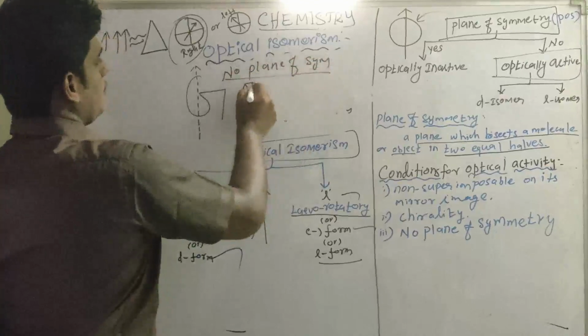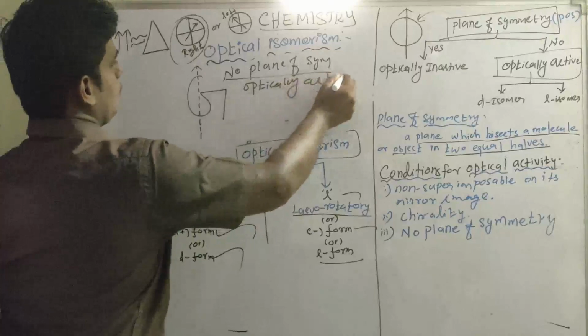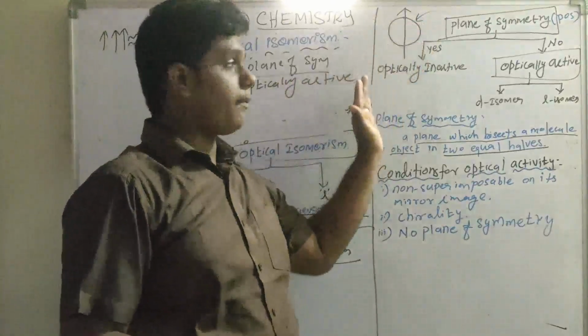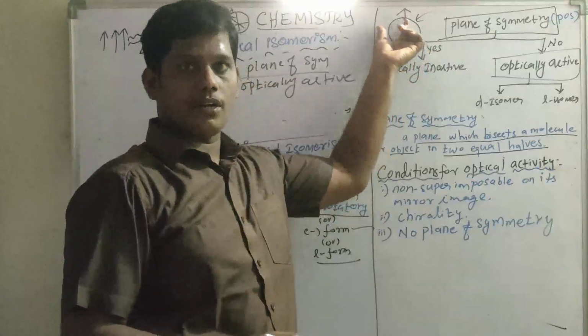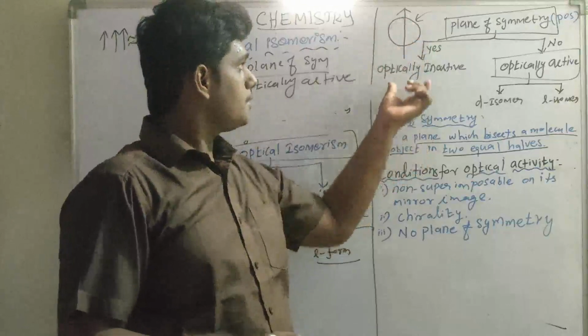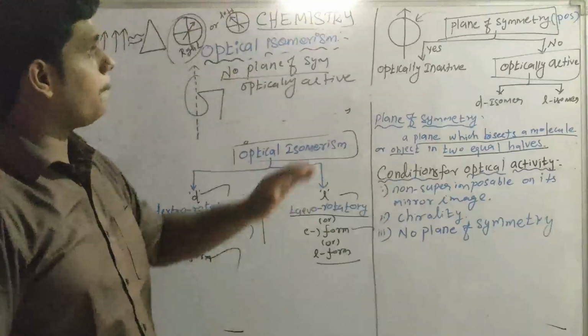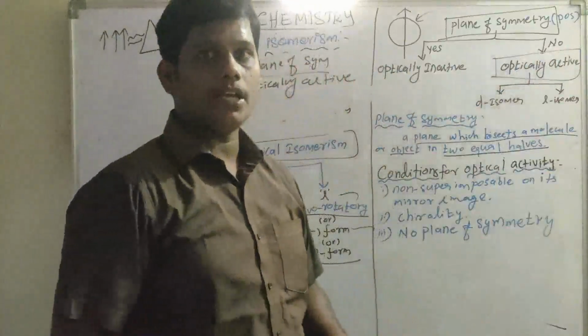So it is called optically active. If you take the letter O, you can pass the imaginary axis and we get two equal halves. So it is a plane of symmetry. So it is optically inactive. So those compounds with no plane of symmetry, or absence of a plane of symmetry, are called optically active.